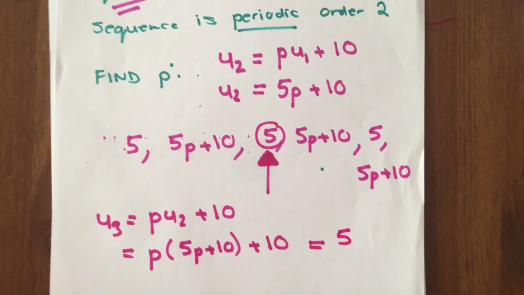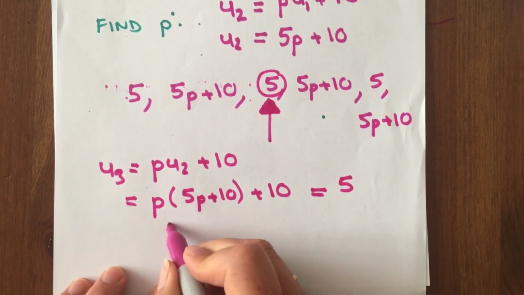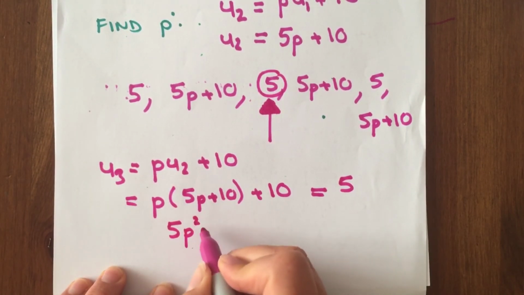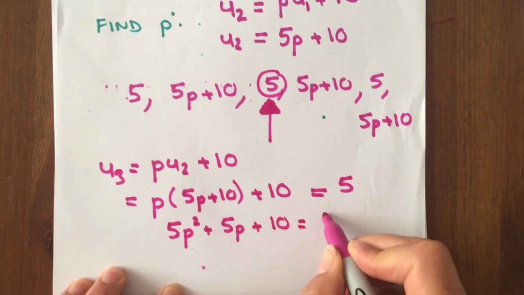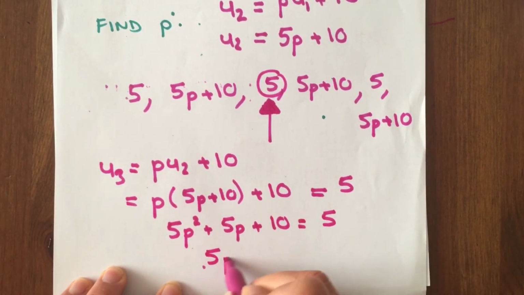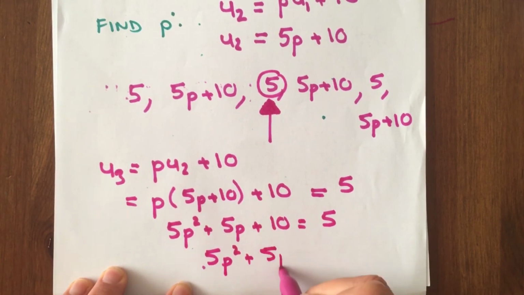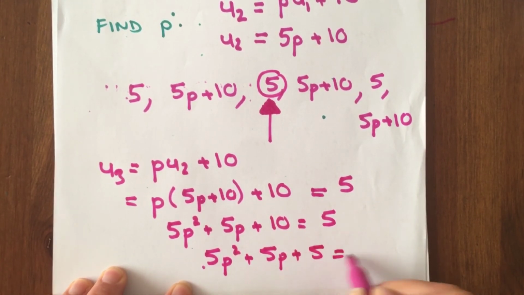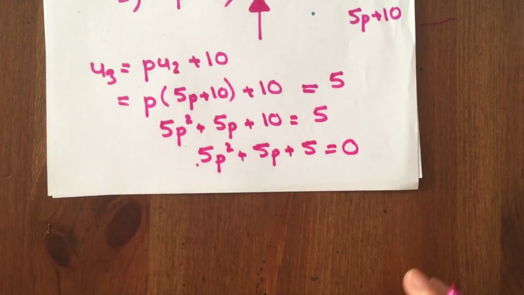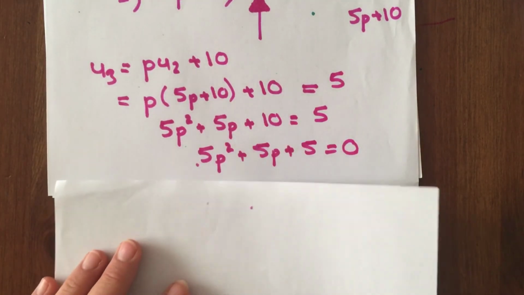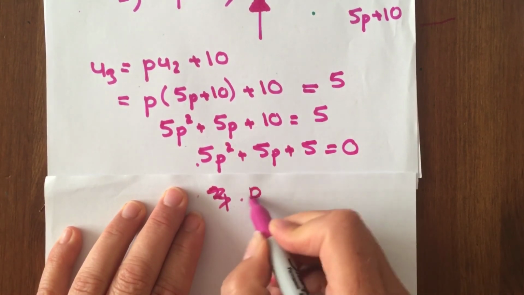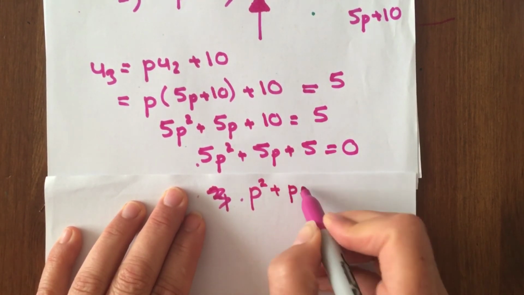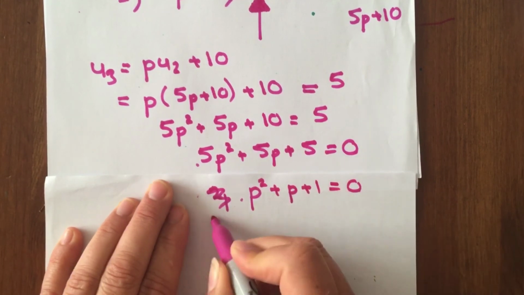So now I've set myself up an equation. Let's multiply this out. I'm going to find I get a quadratic, which I'm now going to solve. And I'm sure you can all solve this without me going through it. The best thing here is to divide everything through by 5. Yes, it will factorise.